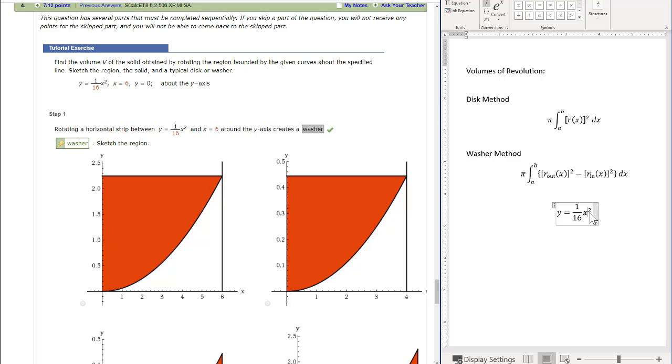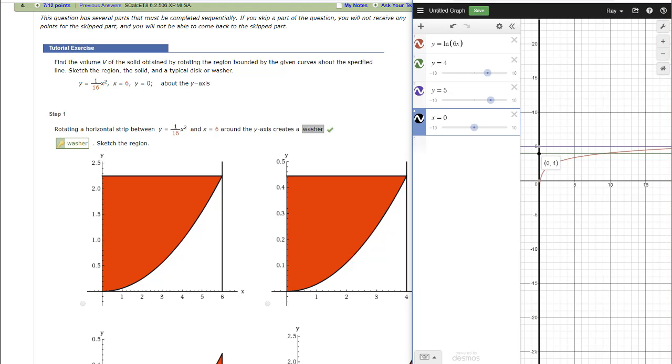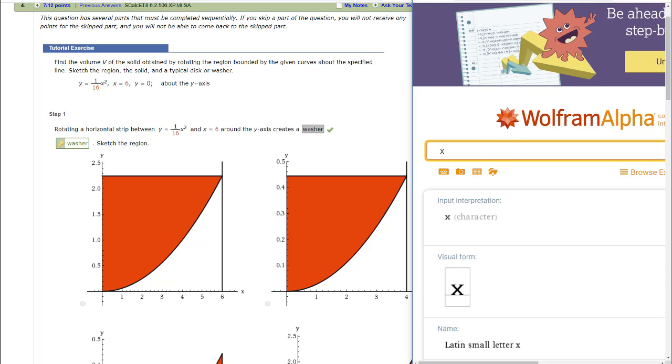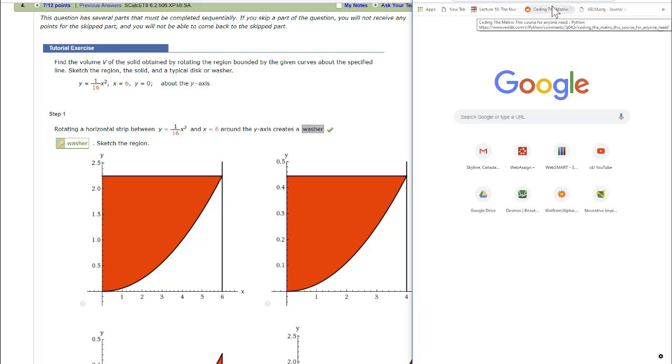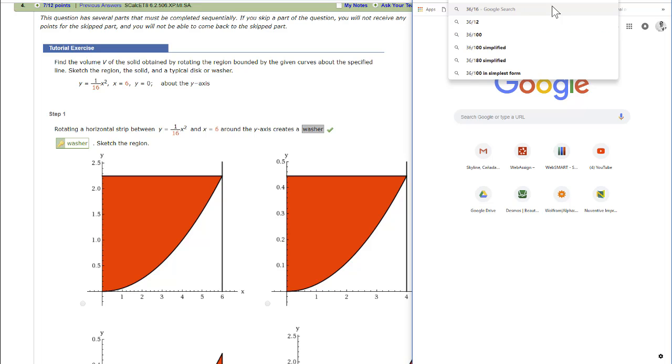But we're looking at x is equal to 6. And so we're going to try to find the value of this. So again, it's 36 over 16. Let's take out a quick calculator. Might need maybe Wolfram Alpha to figure this out for us, or maybe you could just type in 36 divided by 16.